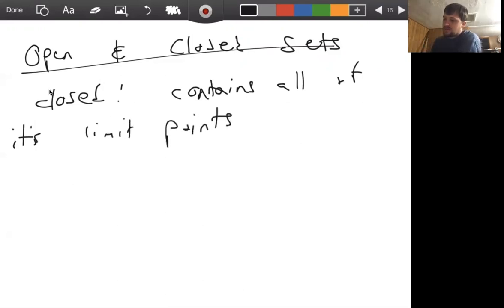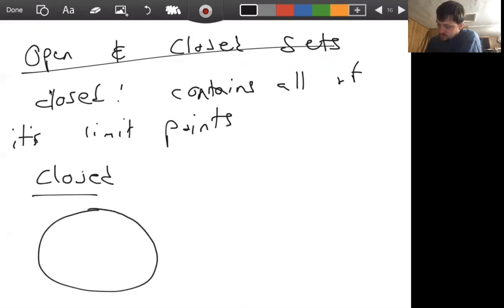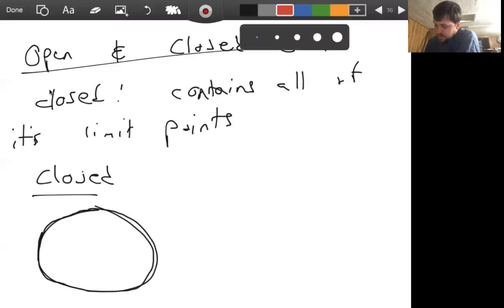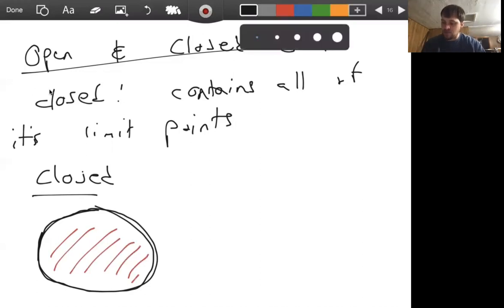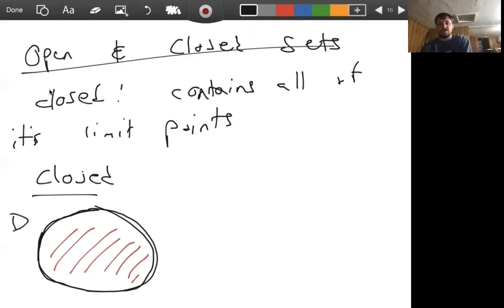Okay, and so what does this mean? This means if you have a set, so here's a closed set. Say I have a circle here, and I'm including the boundary of the circle, and I'm also including the disk on the inside. So let's say this is my domain D. It's this disk that contains the boundary circle here.